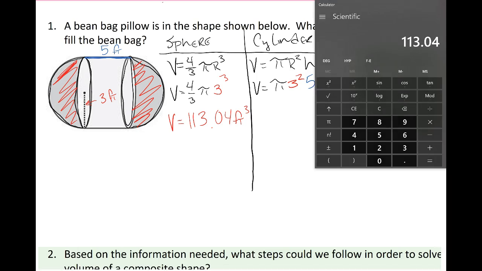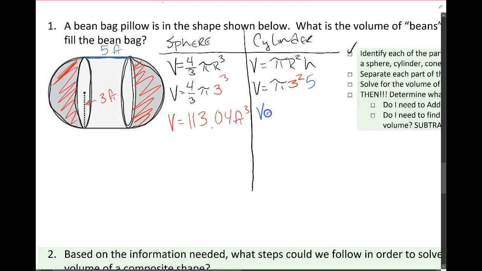I come back to the calculator: 3.14 times, oh, did that wrong, sorry. 3.14 times 3 times 3, because it's 3 squared, times the height, which is 5, giving us a volume of 141.3. So the volume of this cylinder part is equal to 141.3 feet cubed.